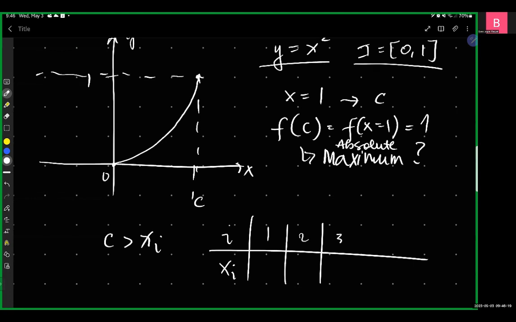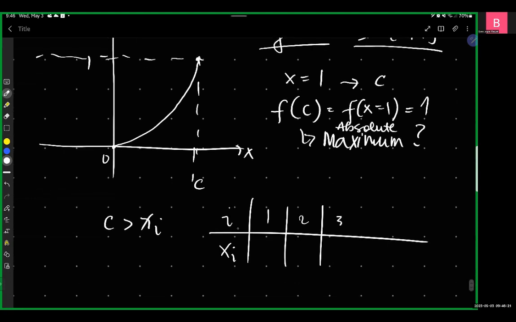Anyways, going back, let's say for i equals 1, or x sub 1, we take the point 0.7. And then for x sub 2, we have 0.5. And then x sub 3 is 0.3.